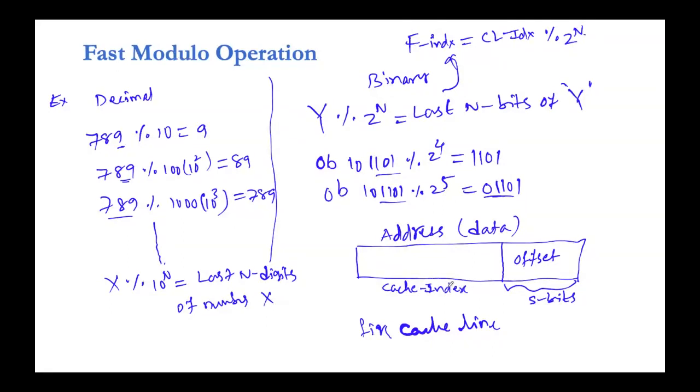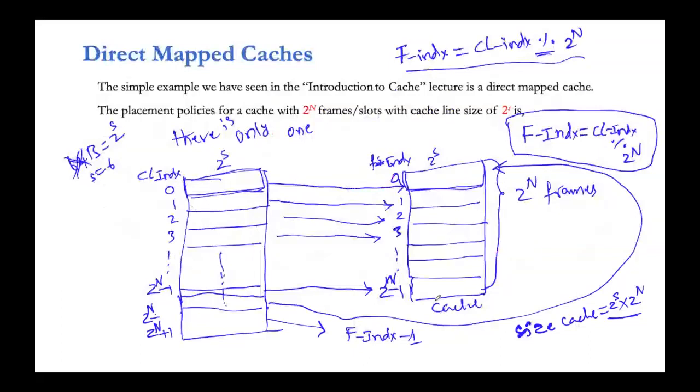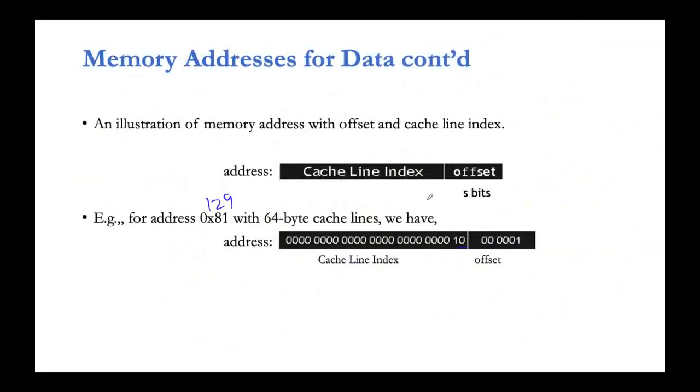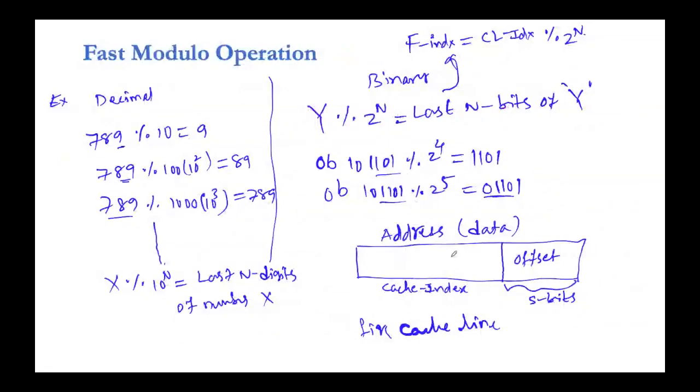From that cache index, 2 to the power of 5 frames means it is taking the last 5 bits. So 2 to the power of n frames means the last n bits are taken to find the direct frame index, and the remaining bits will be treated as your tag address, or the address of your cache line.